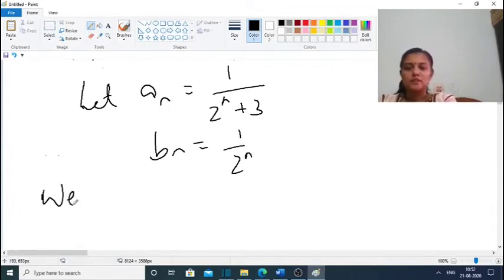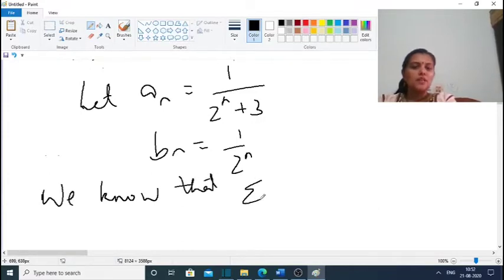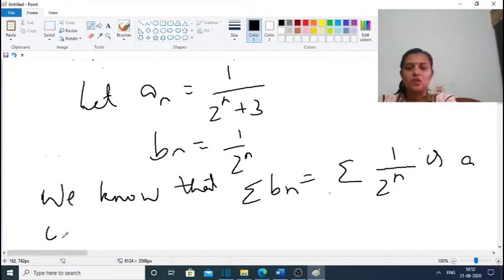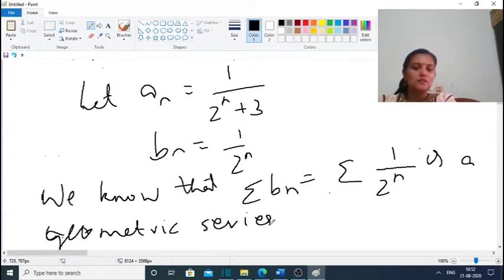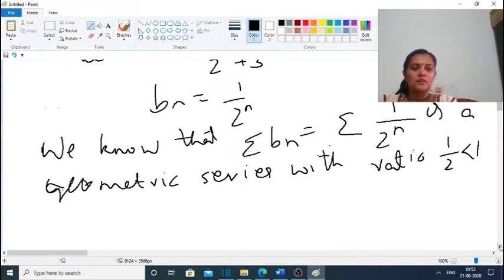We know that sigma bn, which is sigma 1 by 2 raised to n, is a geometric series with ratio 1 by 2, which is less than 1. Therefore, sigma bn is convergent.